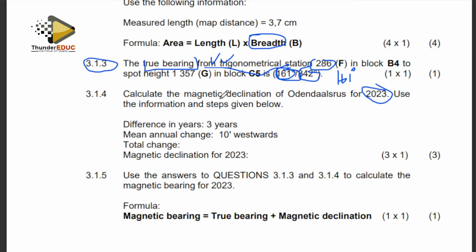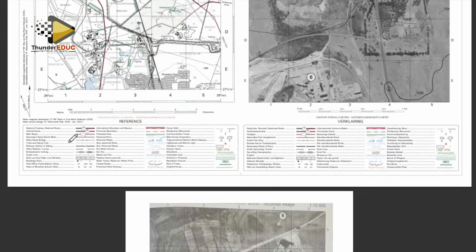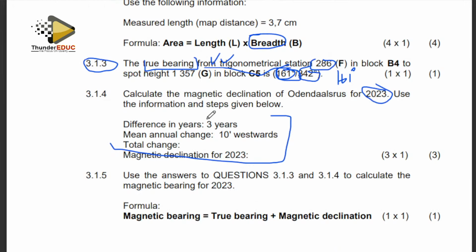Use the information given below. So this time around, they do not want you to go to the map. If you remember, I told you that we use this information here. But this time around, we are not going to use this information because the information they want us to use is given here. So the difference in years is already calculated. The mean annual change is already calculated.